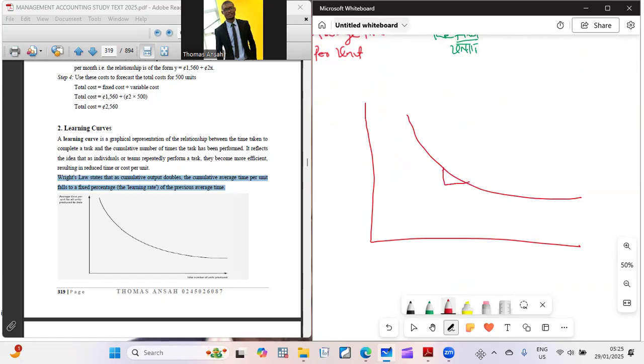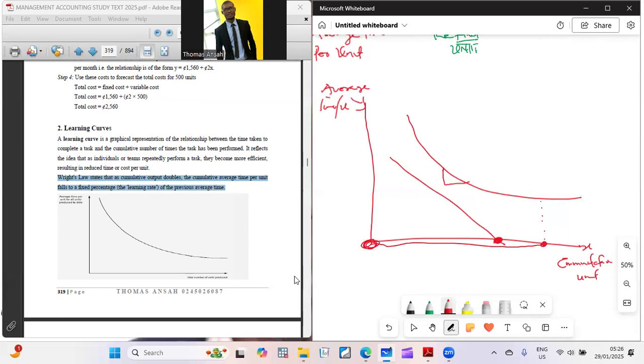On this diagram, the y-axis is your average time per unit, and the x-axis is the cumulative units. The curve never touches the x-axis, because if it did, y would be 0, and it can't be 0.